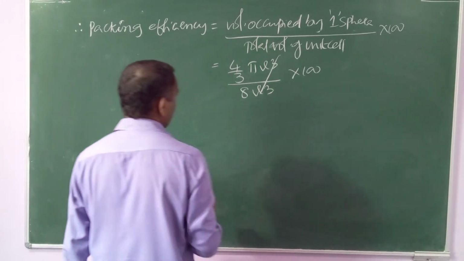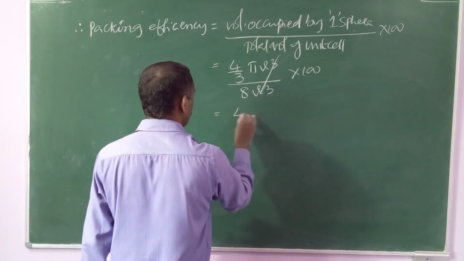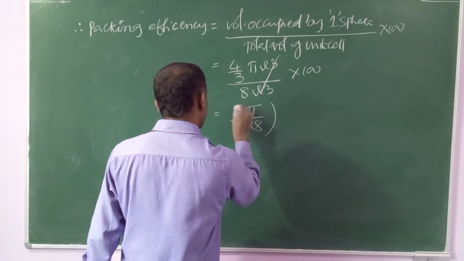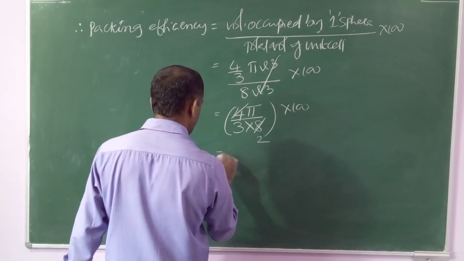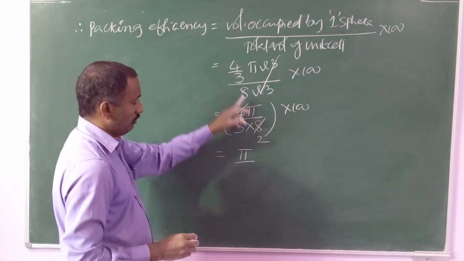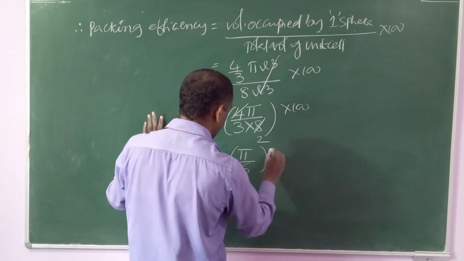R cube gets cancelled. Therefore, 4 by 3 into 8 into 100. 4 cancels 2 times, pi by 6, since 3 into 2 is 6, into 100.